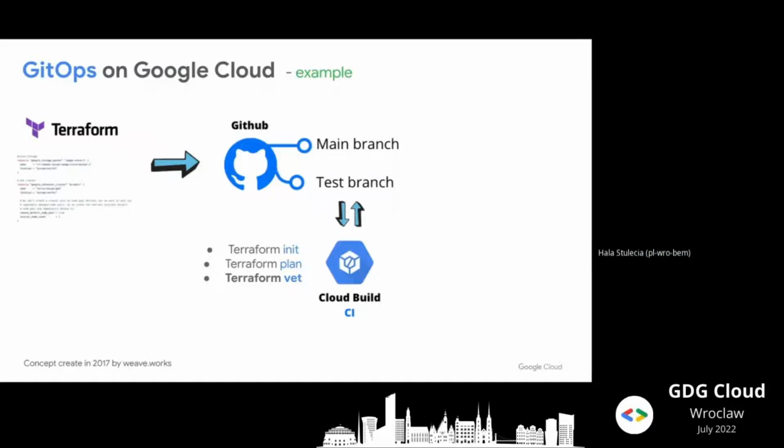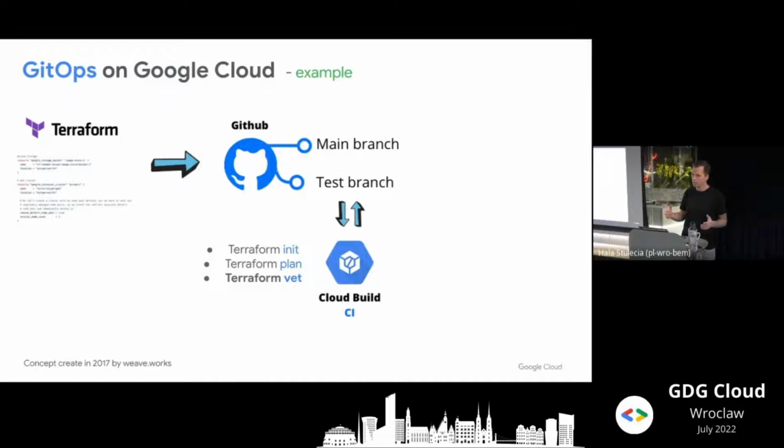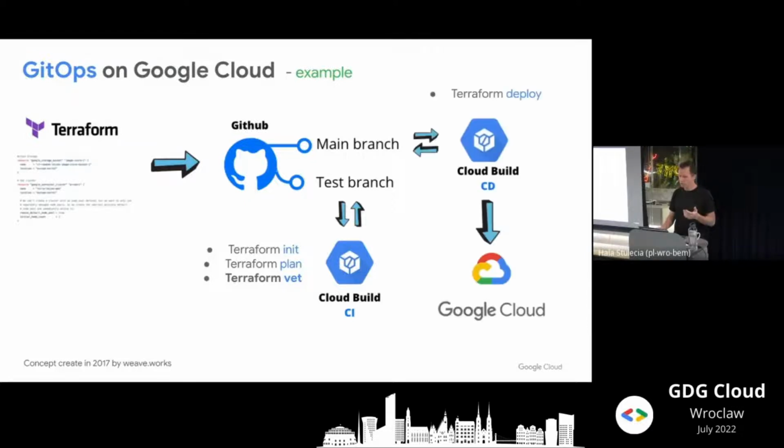So during Terraform Vet, the verification part, we can verify whether specific settings, in most cases security settings, are allowed or not. If they are allowed, we're going to pass it through and allow it to be merged into the main branch. In the main branch, we can run Terraform deploy using a CloudBuild task, and that task is going to deploy the environment in our Google Cloud solution.